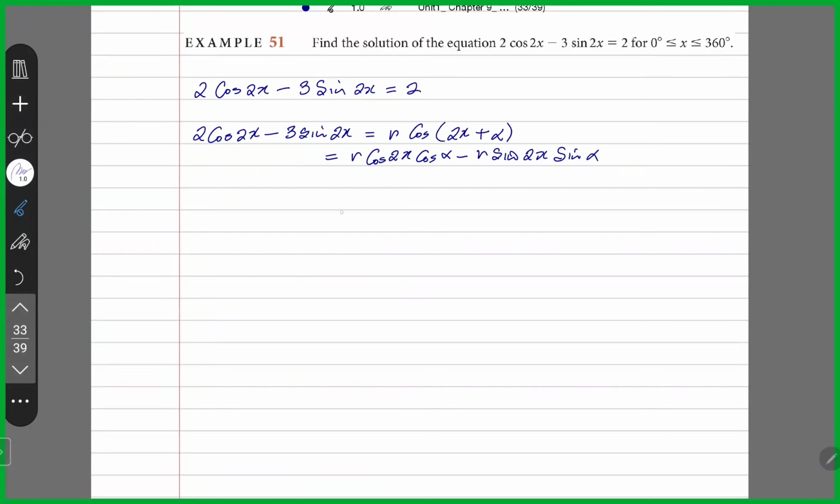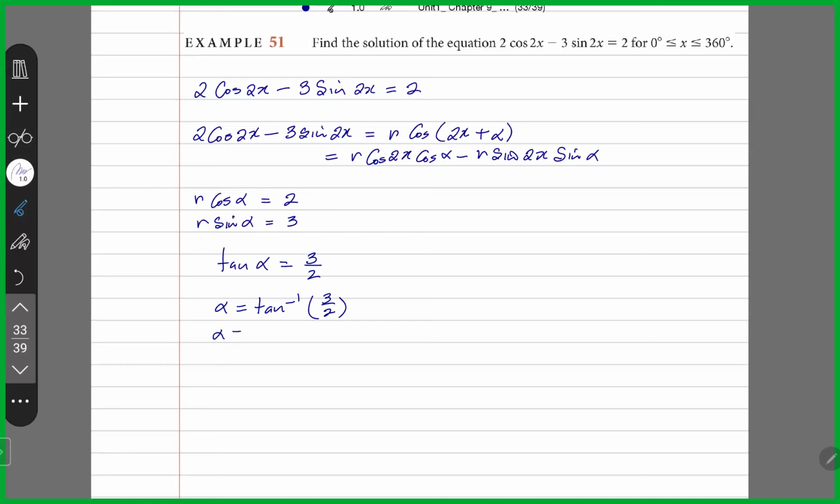Additionally, r cos alpha, the cos 2x coefficient, is equal to 2, and r sine alpha, the sine 2x coefficient, is 3. If I divide sine by cos, I'm going to get tan. So tan alpha is equal to 3 over 2, and alpha is equal to tan inverse 3 over 2.